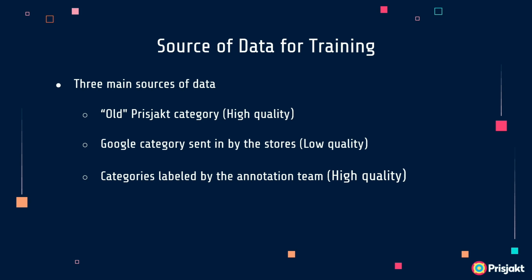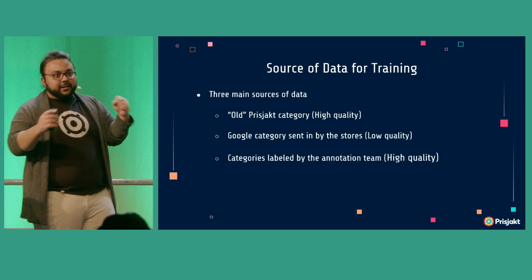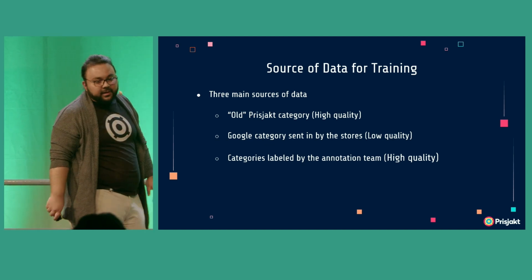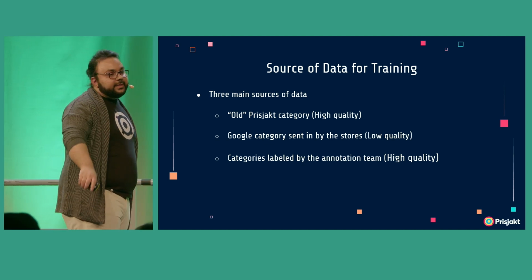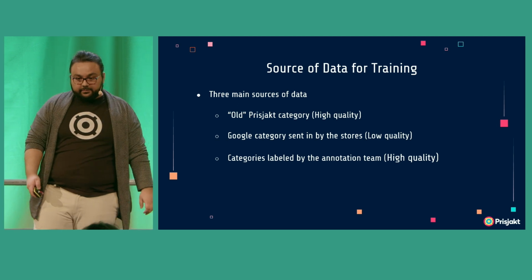We started creating mappings from that to the Google taxonomy, our Google taxonomy version. The second was the Google category sent in by the stores. Some of the stores also classified with the Google taxonomy, and we were like, yes, it makes our job so much easier. They are gonna be the savior for us. And third was the categories that were labeled by our annotation team.